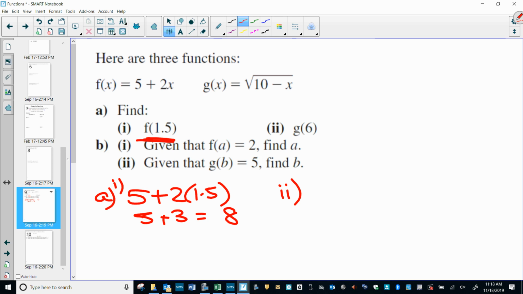So g of 6 tells us we're going to do what? 10 minus 6. We're substituting 6 into the other function, so it's 10 minus 6. Square root of 4 is 2, plus or minus, we should say, really. When we're square rooting 4, obviously it could be the positive or negative version.